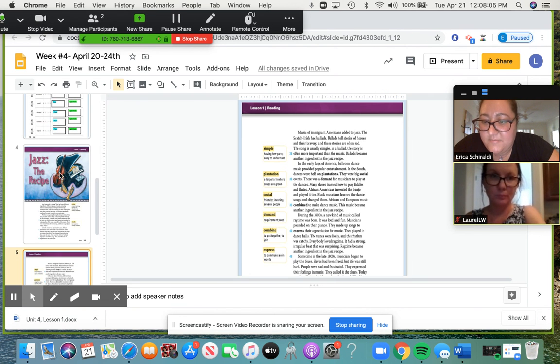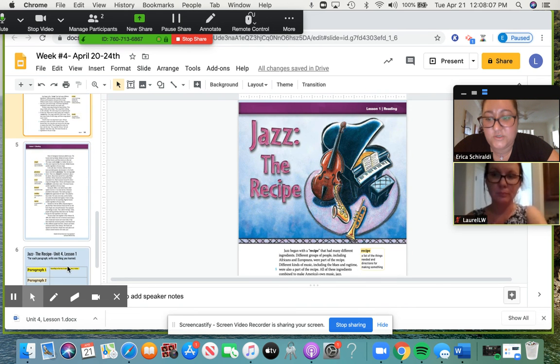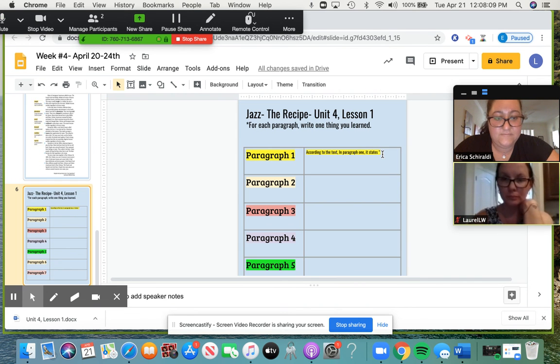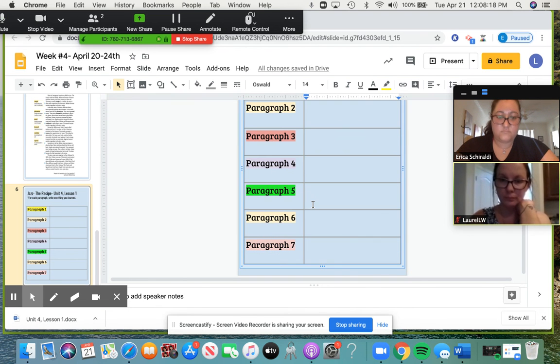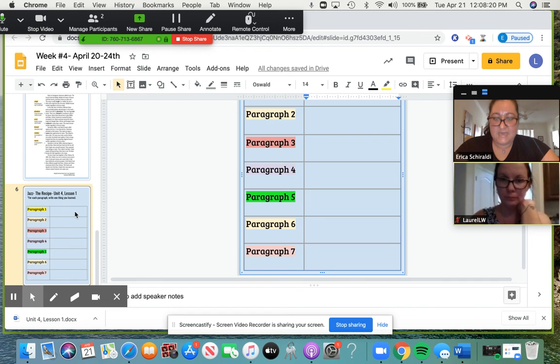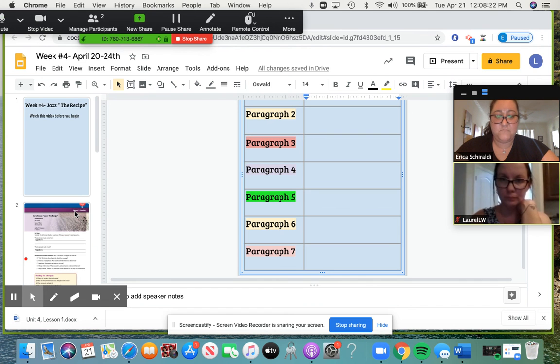Go back to the passage, state your text evidence, close your quotation marks, etc., etc. Now, after that, you are going to do that for each of these paragraphs. And then you're going to turn your assignment in. Okay, thank you.